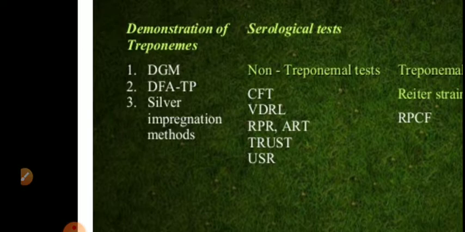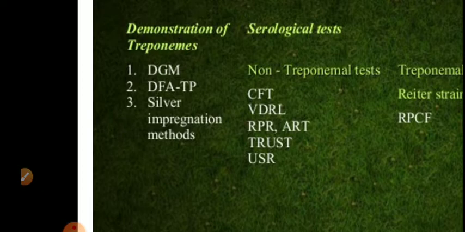In the TRUST antigen test, the cardiolipin antigen is coated with a red dye, toluidine red, so the flocculation reaction becomes more easily visible because of the red pigment. Here we don't have to heat the serum. It's a modified VDRL test.